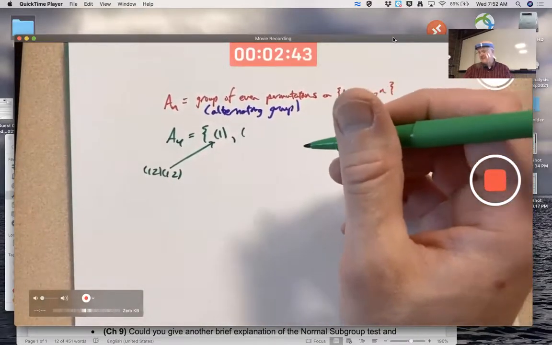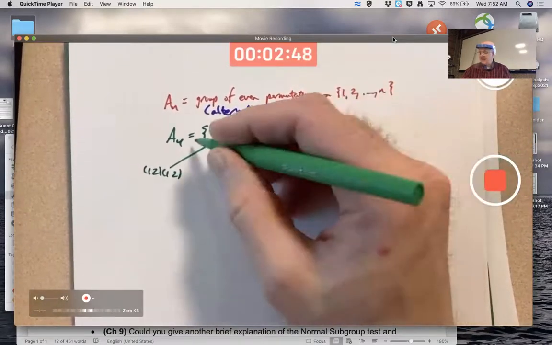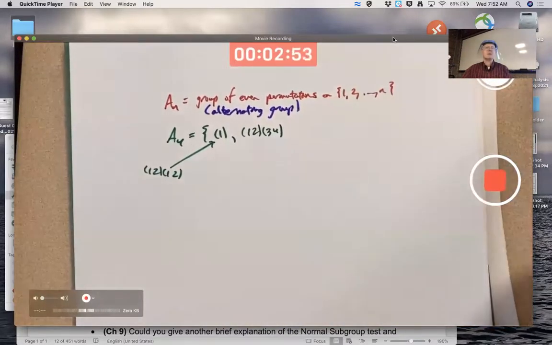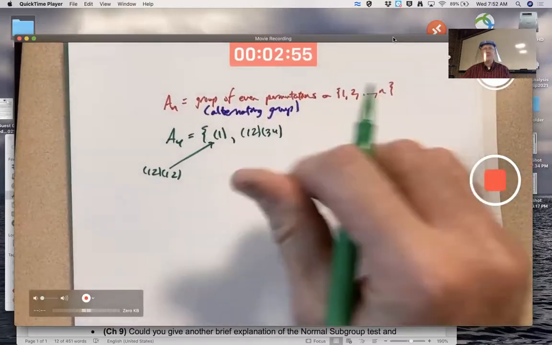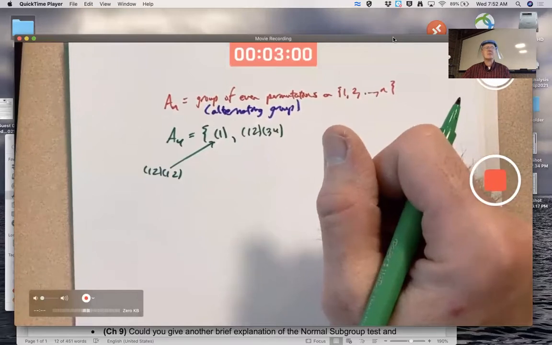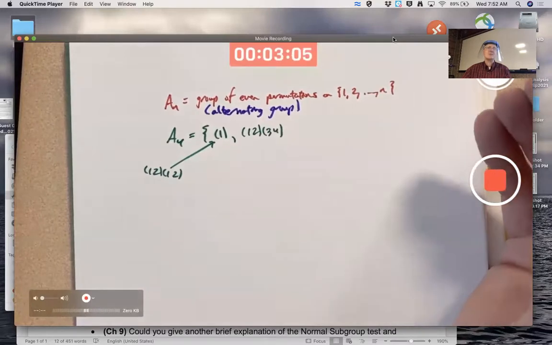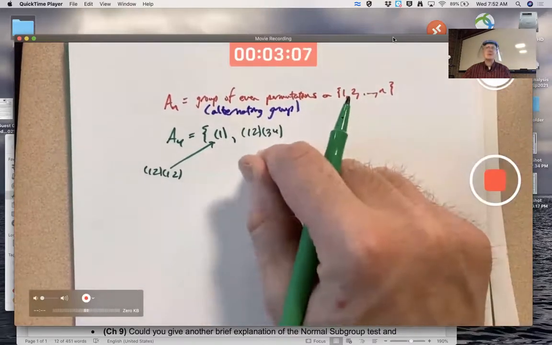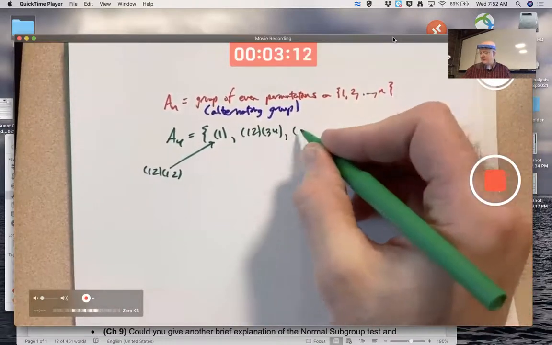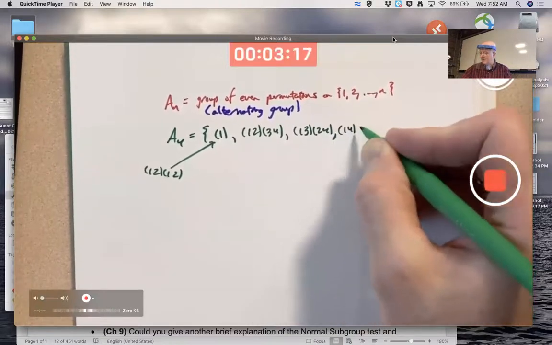Well, we're talking A4 here. There's a permutation written in disjoint cycle notation this time that is a product of two 2-cycles, an even number of 2-cycles. And it is in S4, I should say, first. And since it's an even number of 2-cycles, it's also in A4. (1 2)(3 4), (1 3)(2 4), (1 4)(2 3).